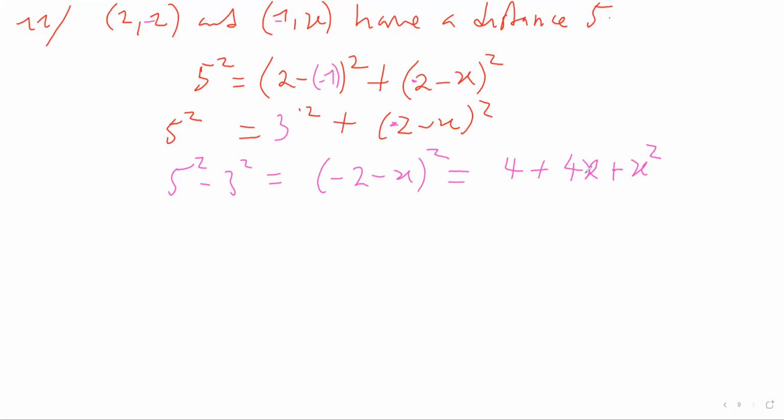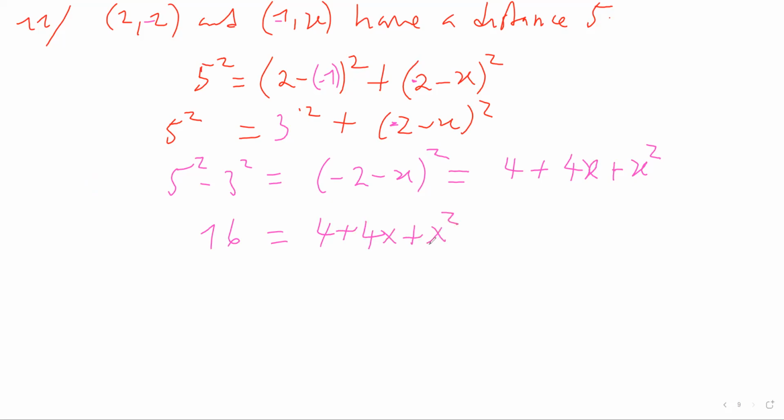And then on the left hand side you will get 25 minus 9, which will be 16. So if we go down one more step, we'll have 16 is equal to 4 plus 4x plus x squared.